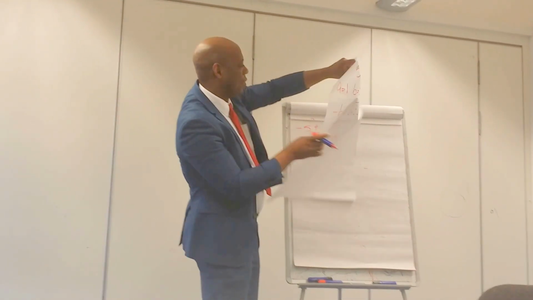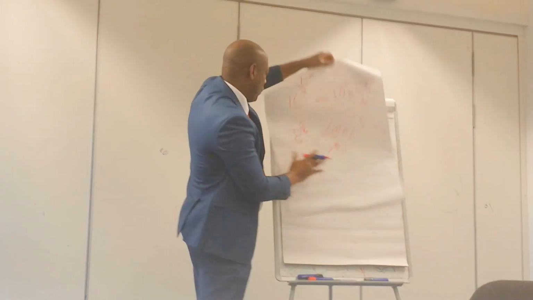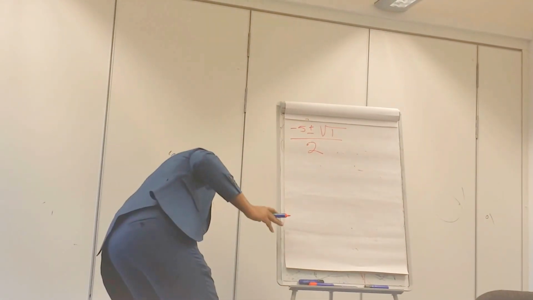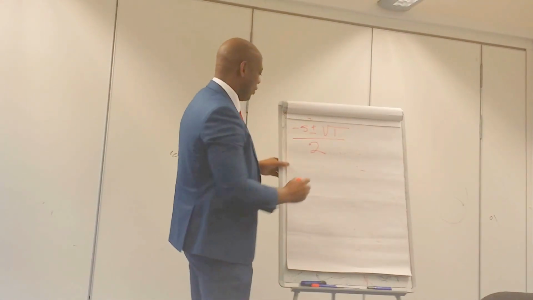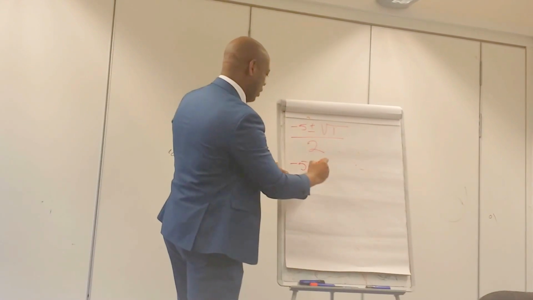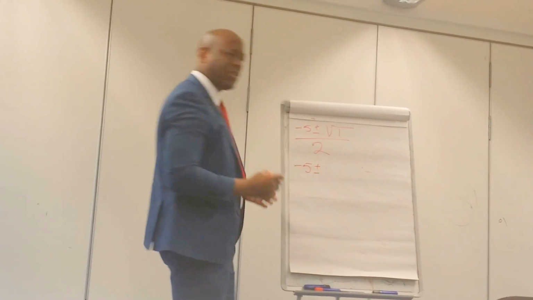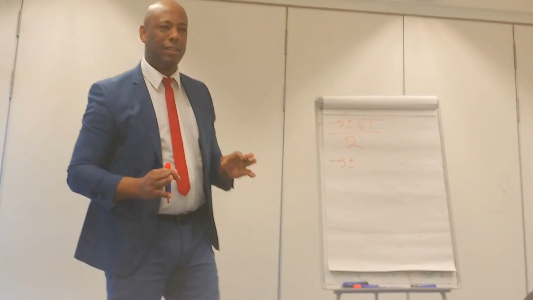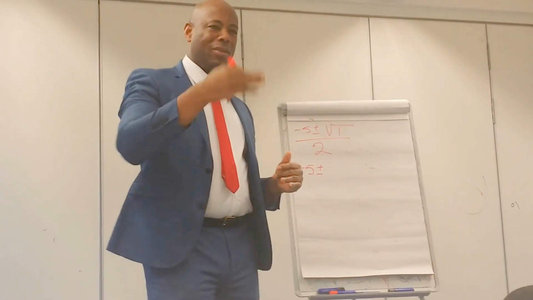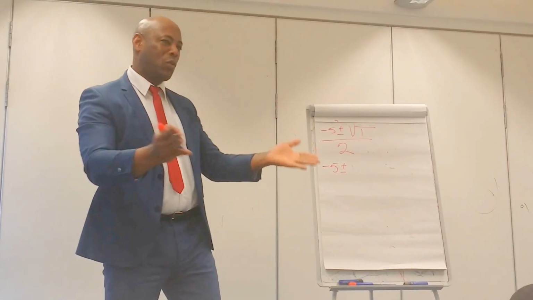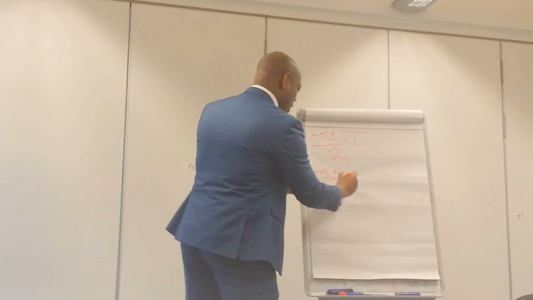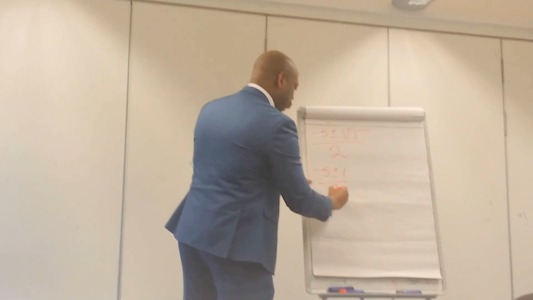Okay? So now we're going to solve. We're going to have minus 5 plus or minus, what's the square root of 1? The square root of 1 is 1, because 1 times 1 is 1. So it's going to be 1 divided by 2.